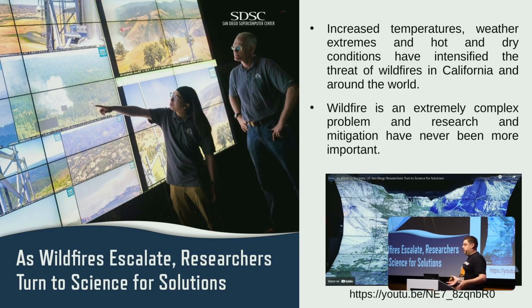They gather a lot of data, process it, and then try to understand where the wildfires will come, and then notify the firefighters in time so that they can take preemptive measures.